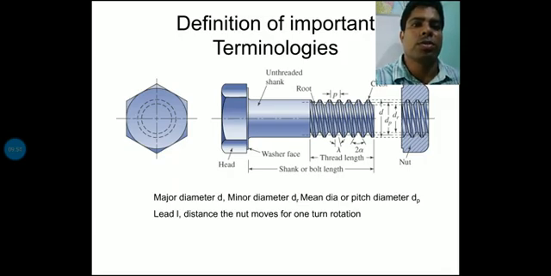Suppose there is a first thread and a second thread, and some gap is there. That gap is called the pitch of the thread.